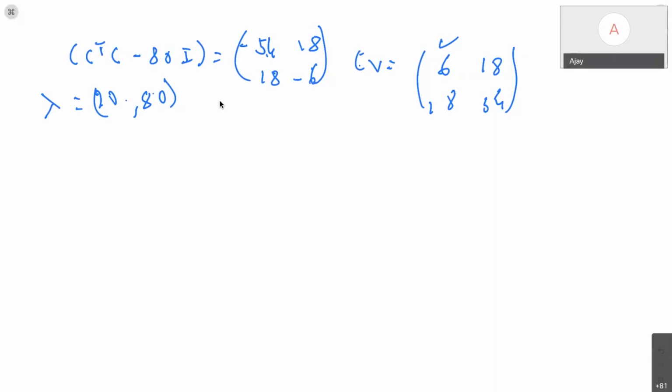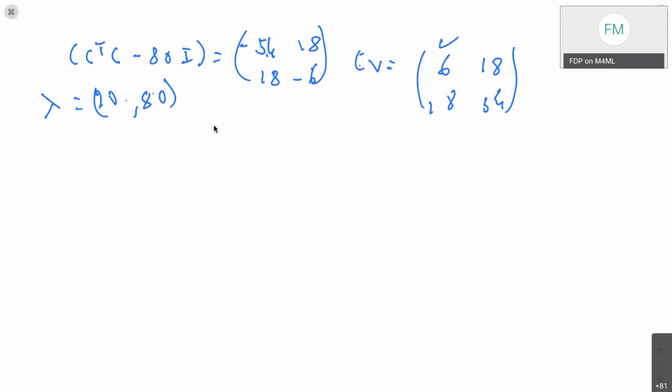I am running out of time, that's the reason I straight away wrote the values. We have to find that vector once again by applying AV is equal to lambda V, where we have to solve for the V value. Since it is a 2 cross 2 matrix, we'll get V1 and V2 as two vectors. Clear?